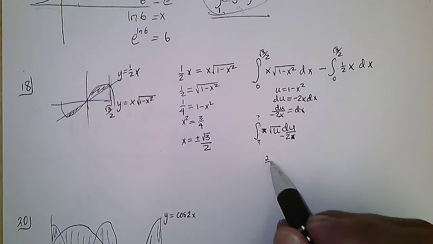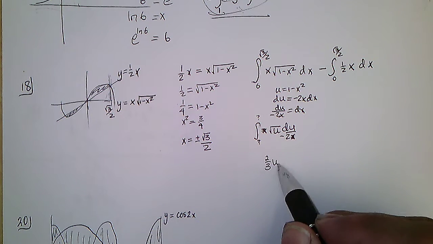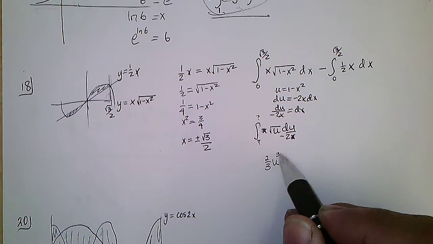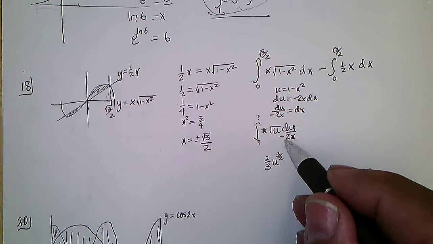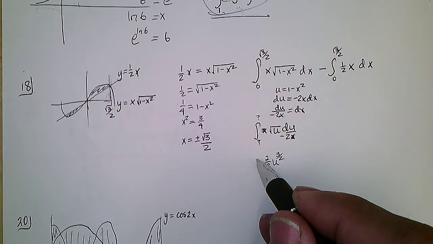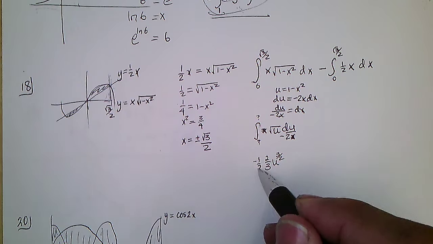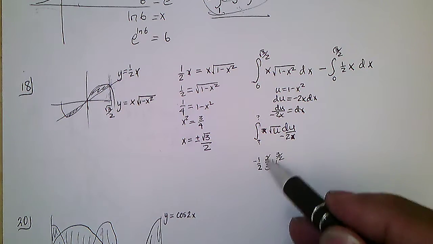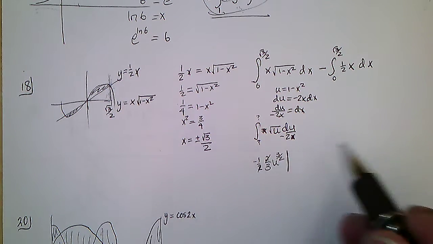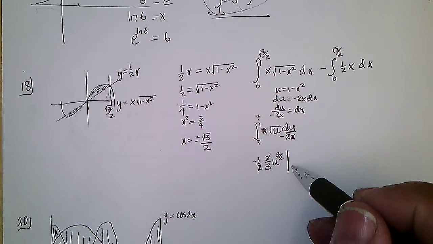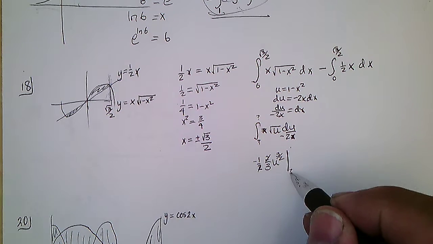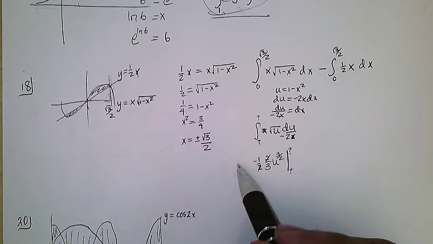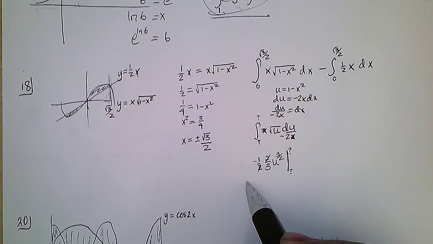it's 2/3 u to the 3/2 with a minus 2 in the denominator. So those 2's will cancel, and I'm going to evaluate that from something to something, but if I change it back, it would be minus 1/3.